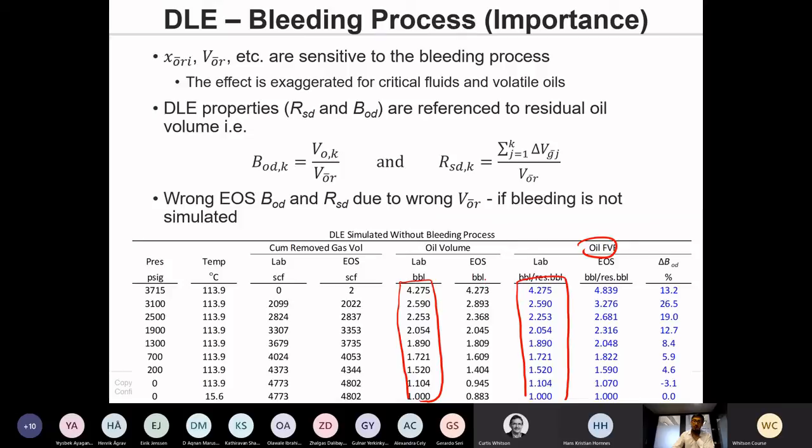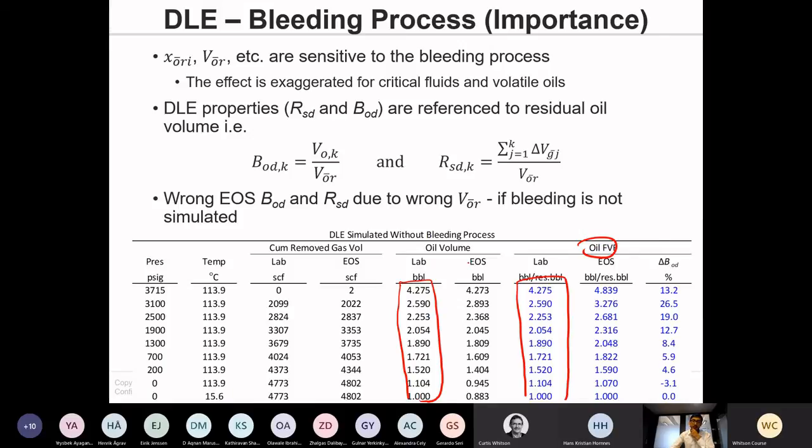If we use the EOS model, and we have the capability of calculating the volumes and not just the oil formation volume factor, that's something we can do with, for example, PhaseComp, because the way PhaseComp is programmed, it can calculate all the physical properties that you can measure in the PVT lab. You can simulate how much volume is there, how many moles of the gas phase and moles of the oil.